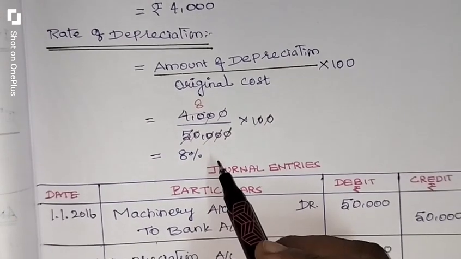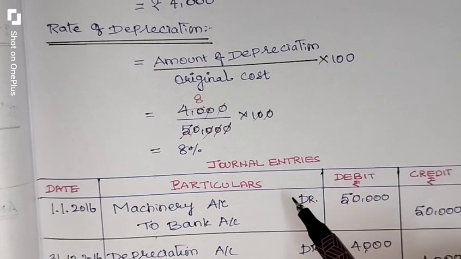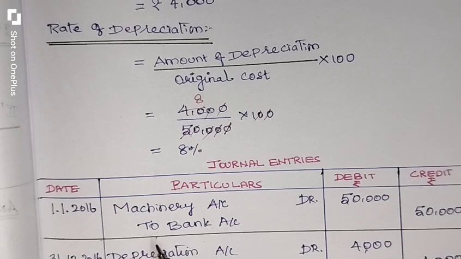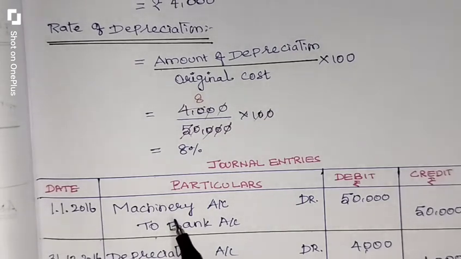Now we are going to pass the journal entry for purchasing the asset and depreciation. Whenever you purchase an asset, what is the journal entry? Asset account debit to cash account. Here the name of the asset is machinery.